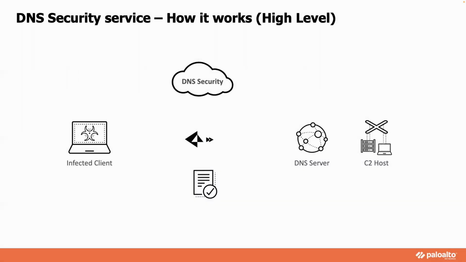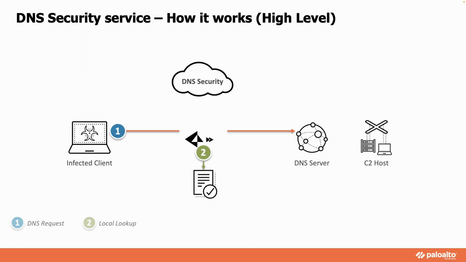The whole idea here is if there's an infected host that makes a request, it goes through one of our security processing nodes within Prisma Access. We have the ability to do a lookup locally of known malicious domains through the signatures that we have with our spyware protection and DNS protection, URL filtering.